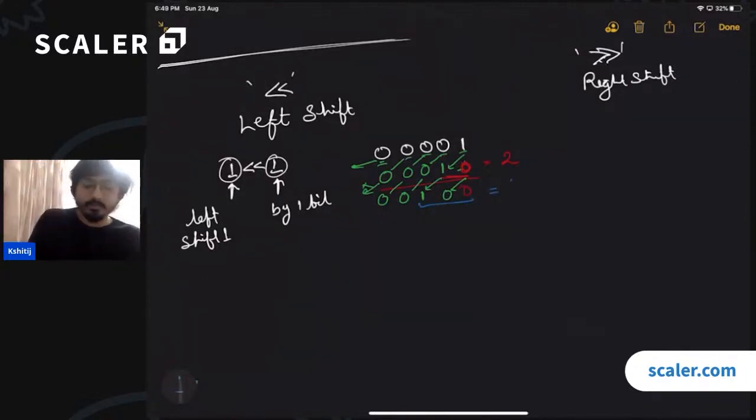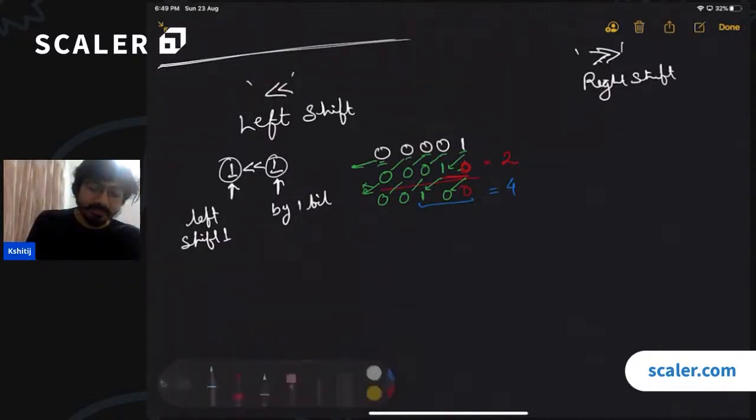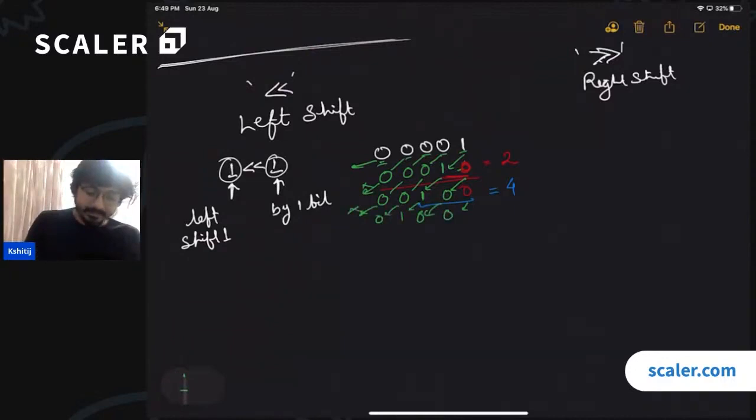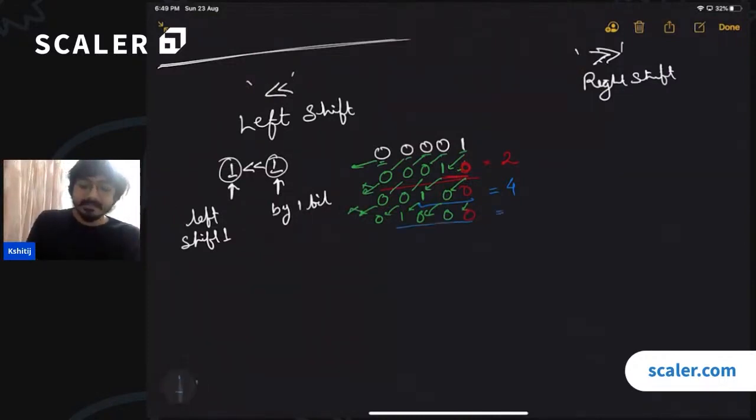This is 4 in decimal representation. Similarly, let us do it once again. If you left shift this number again, you get 0 here, 0 here, 1 here, the leftmost 0 is removed, and you add a new 0 at the end. What is this number? This number is 8, right?